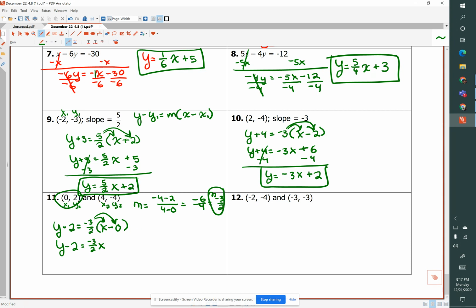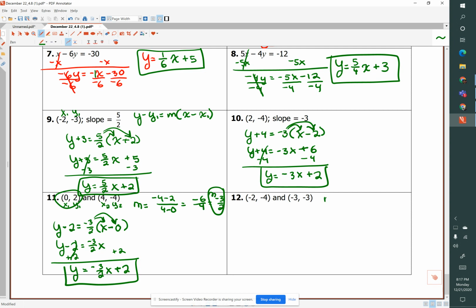And we don't have to put plus or minus 0. Okay, we can leave it at that. But we do need to add 2 to both sides to isolate that y, which would leave us with y equals negative 3 over 2 x plus 2 for a final answer.